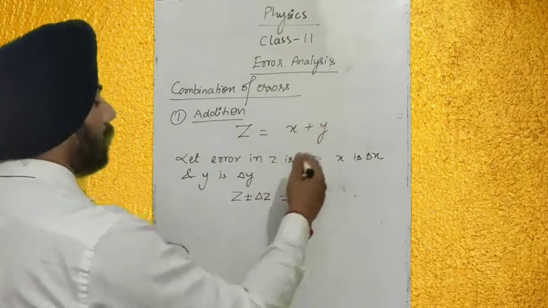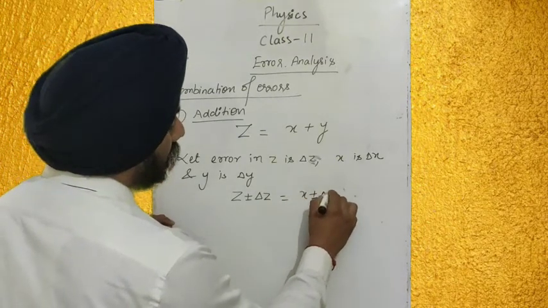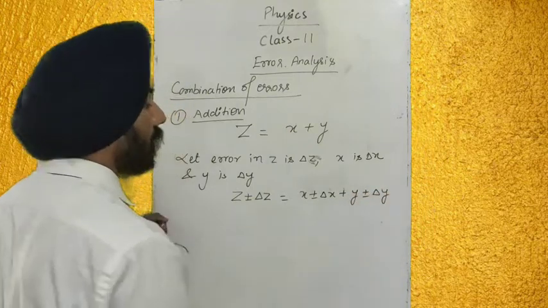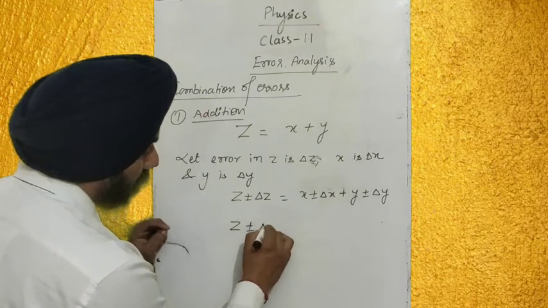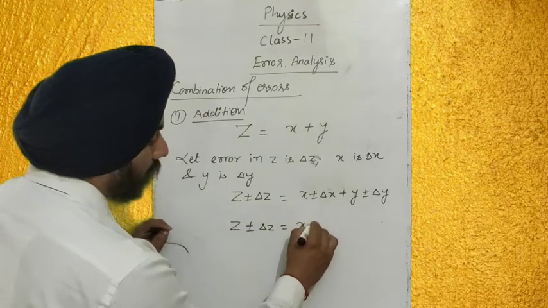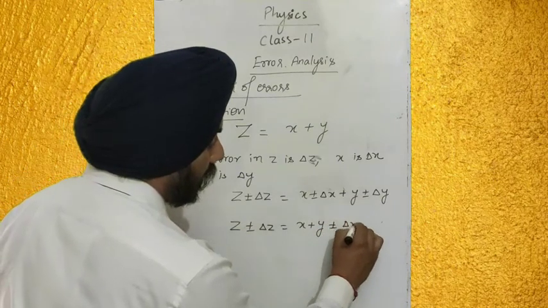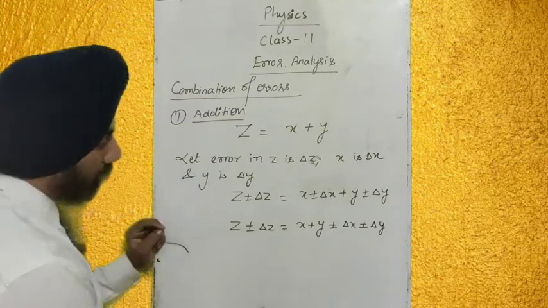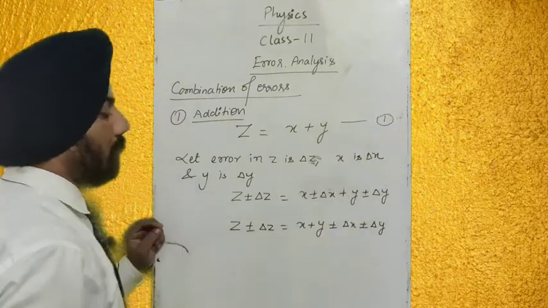In the same expression I am keeping x plus minus delta x plus y plus minus delta y. So z plus minus delta z equals x plus y together, plus minus delta x plus minus delta y. Let x plus y equal z be equation number 1.